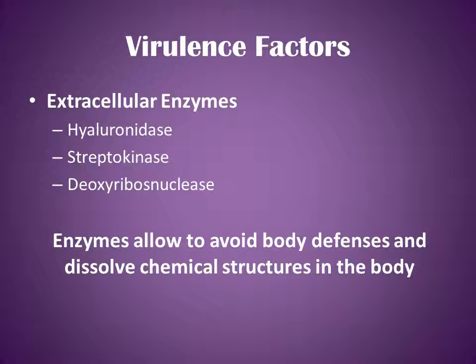And finally, deoxyribonucleases depolymerize DNA released from dead cells in abscesses, reducing the firmness of pus surrounding the bacteria and therefore allowing Streptococcus pyogenes to spread through infected and damaged tissues more rapidly and easily.